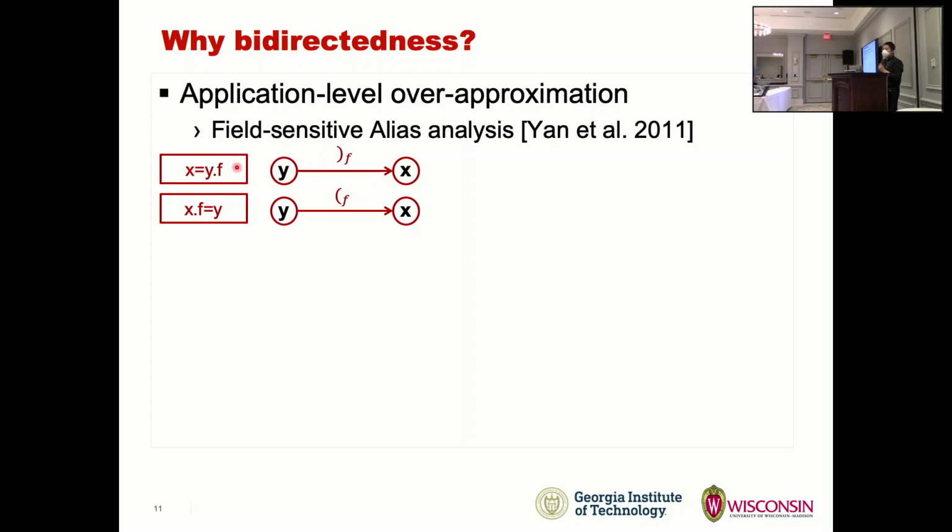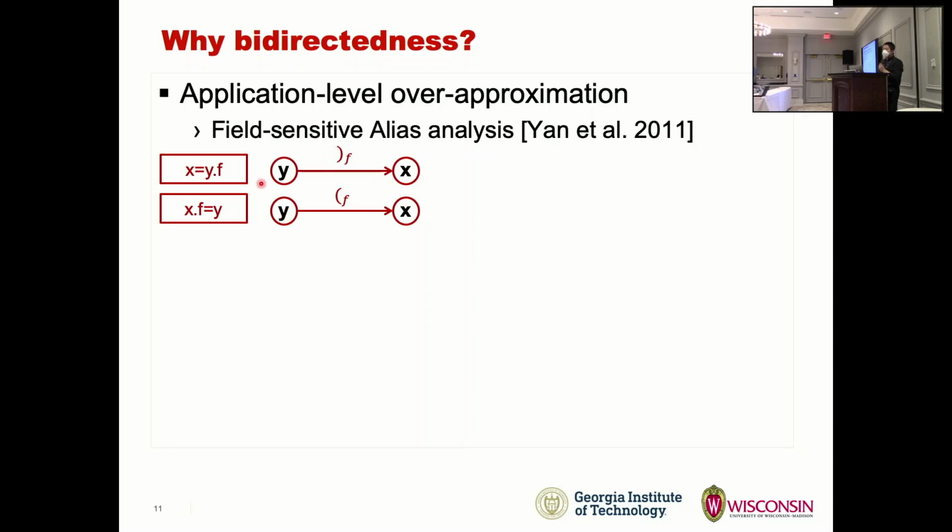And because it corresponds to the field f, we use the subscript f here. And the second statement is what we call write. So here, basically, we have the value of y, and we write it to the field f of object x. So the program flow is from y to x, and the label, the index, is f.